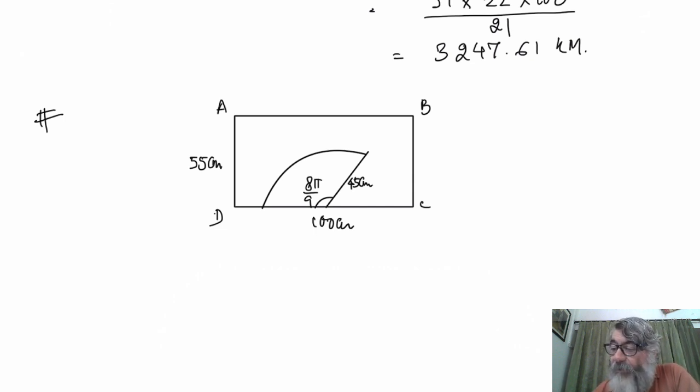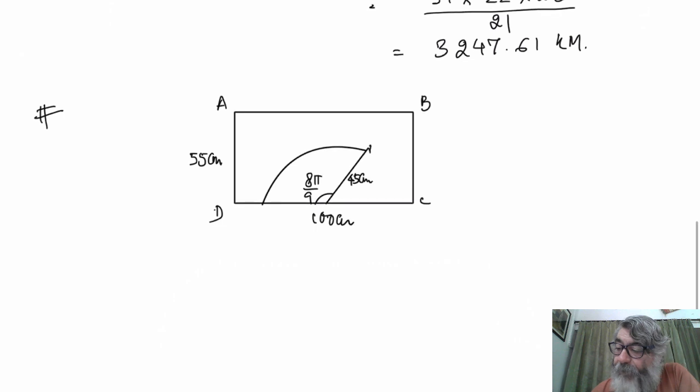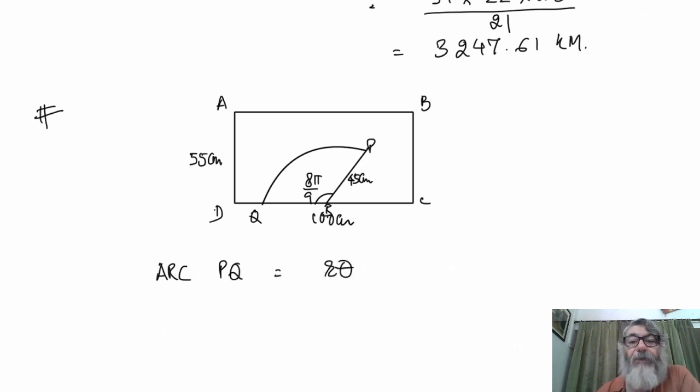Suppose this is P, this is Q, this is R. So arc PQ will be R theta. The length of the arc is always calculated using the formula R into theta.